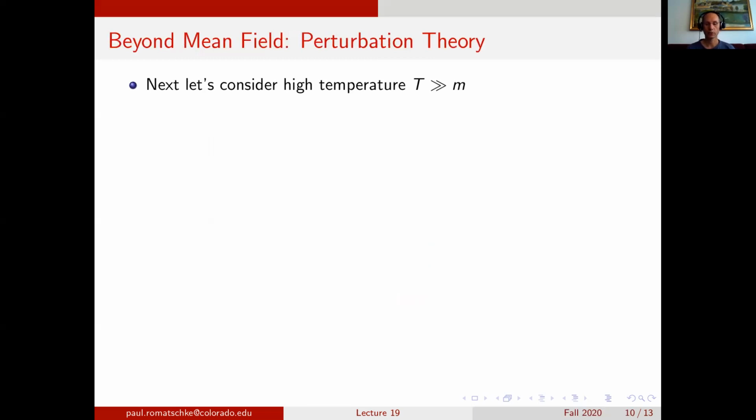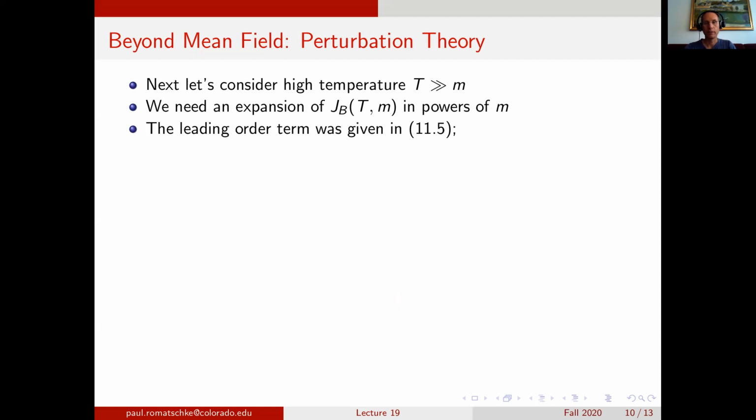Let us now reverse course, and instead of studying zero temperature, let's study the high temperature limit, meaning temperatures T that are much, much larger than the mass m. To analyze the effective potential, it would be good to have an expansion of the function J_B in powers of the mass m compared to the temperature T. We can again reuse some of our results in previous lectures to glean a result for J_B that we can use for our purpose.